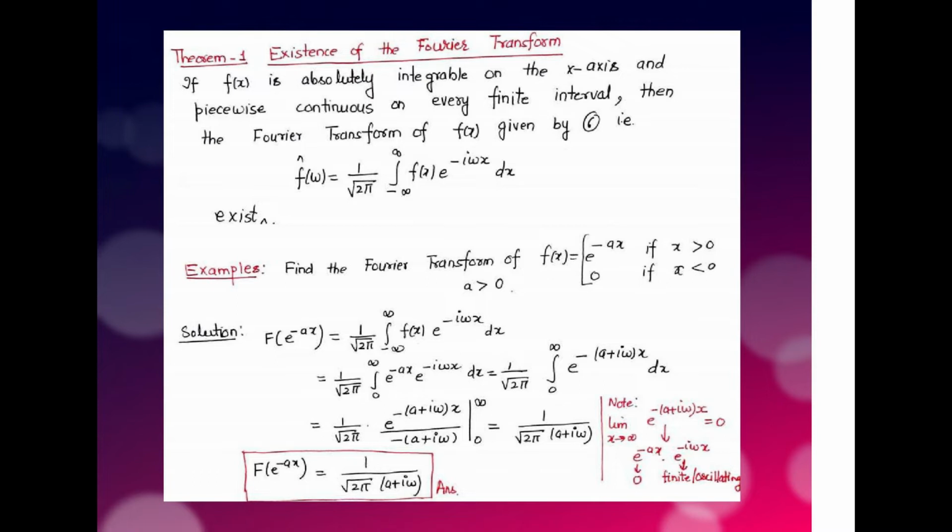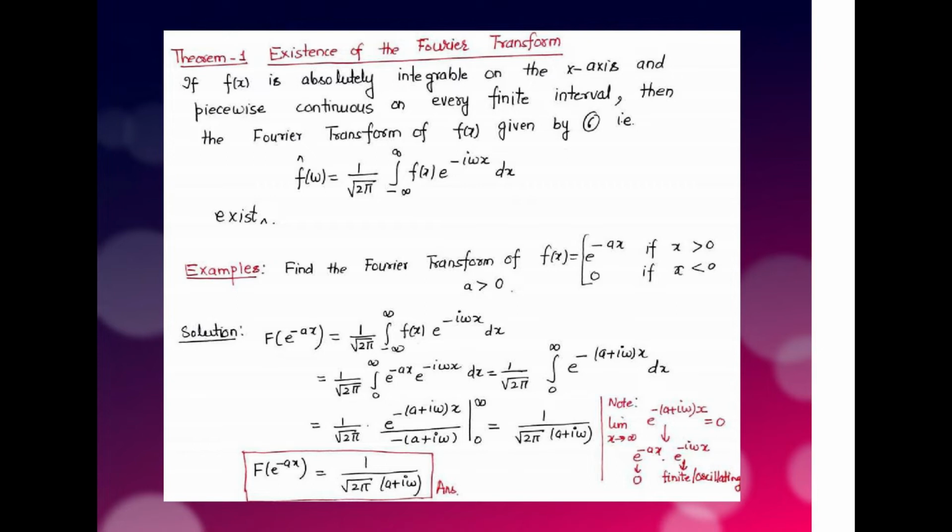So the integral is now 0 to infinity e raised to power minus ax e raised to power minus iota wx. Collect the exponential function. Now it is e raised to power minus (a plus iota w) into x dx. We can integrate it, it's easy, and finally we have this answer.